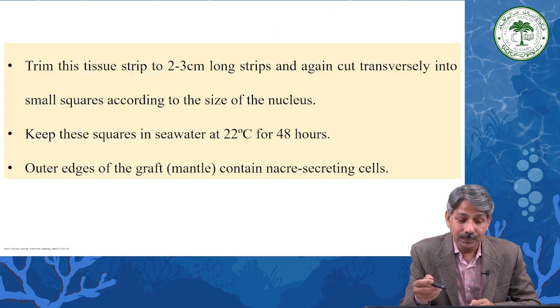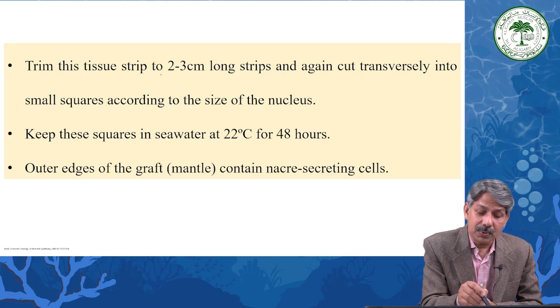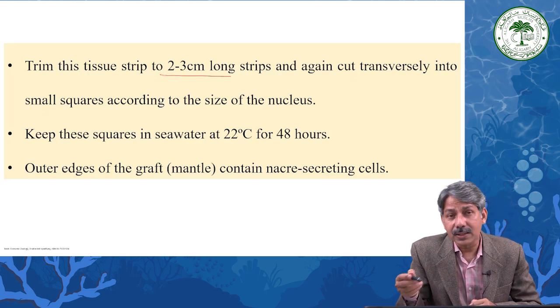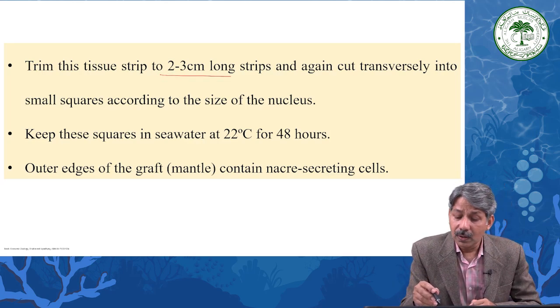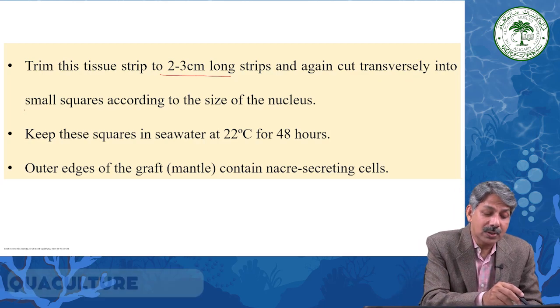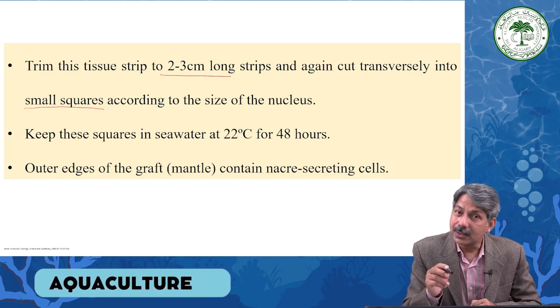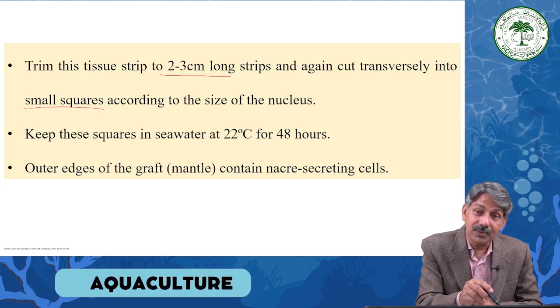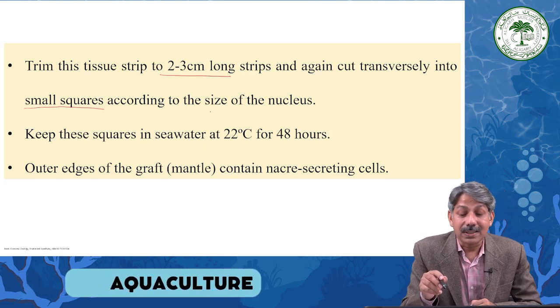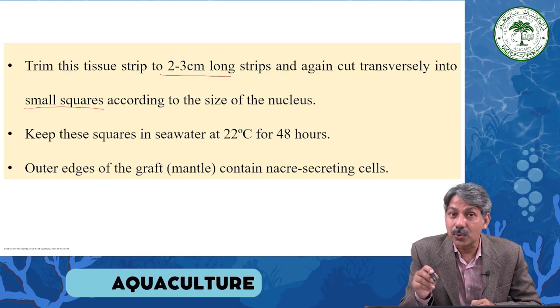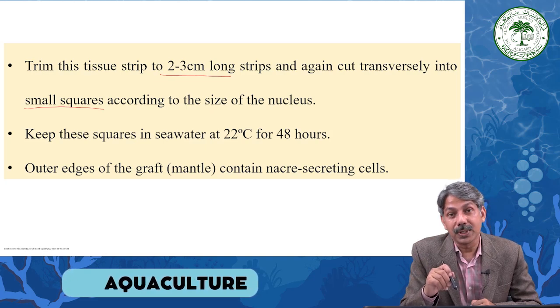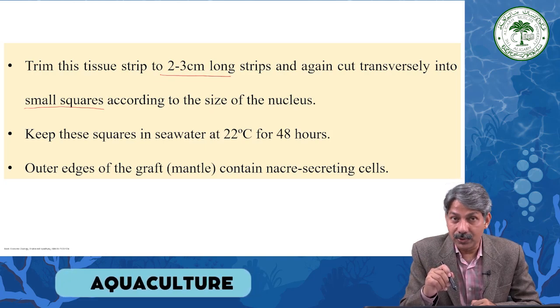Trim the tissue now to a strip of 2 to 3 centimeter long, and again cut transversely into small squares. From this 2 to 3 centimeter long strip, you can cut small squares according to the size of the nucleus that you wish to put into the body of the oyster.